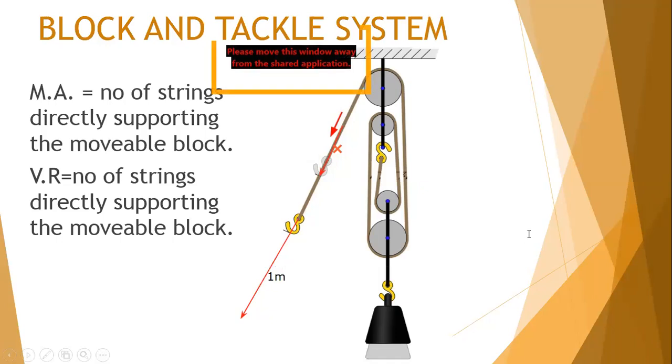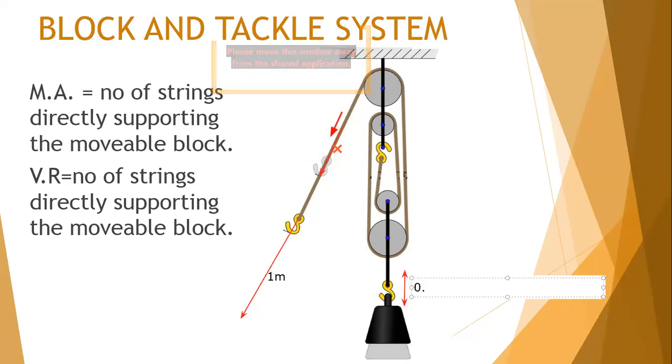So you will find that your load is being lifted up by 0.25 meters. So if you find the displacement of load and displacement of effort, let's find out the velocity ratio.